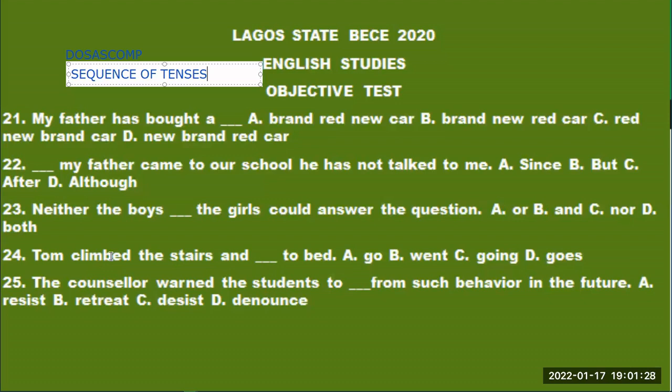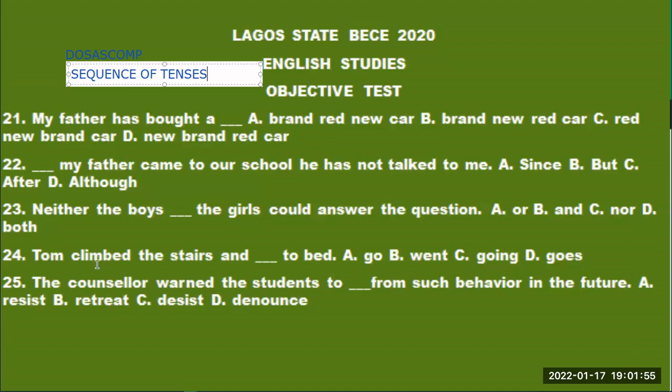Yesterday, last night, Tom climbed the stairs and goes to bed. No, you can't begin to talk about an action that happened in the past and the second action that happened at the same time will then be brought to the present. No. So a past tense in clause number one requires a past tense to follow in clause number two.